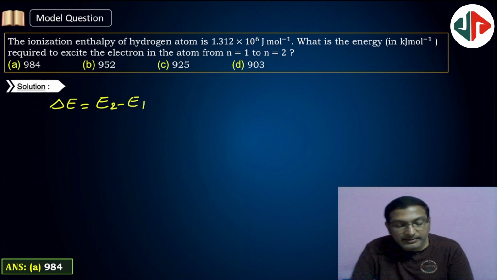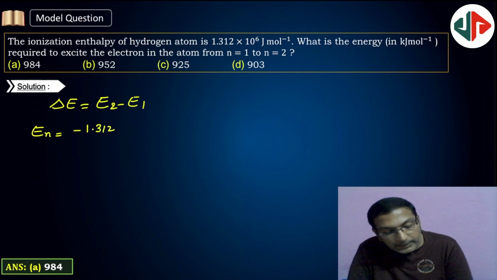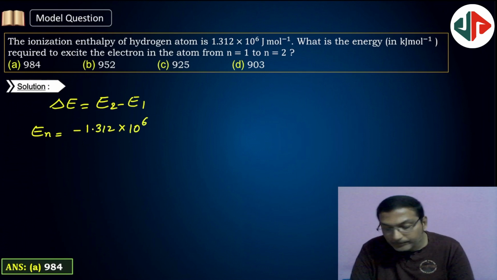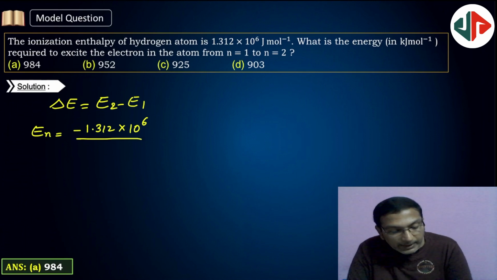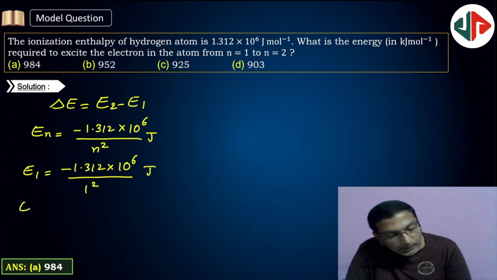Here ionization energy is given, therefore energy of nth orbit becomes minus 1.312 into 10 power 6 by n square joules. So from this E1 value is minus 1.312 into 10 power 6 by 1 square joules, and E2 is minus 1.312 into 10 power 6 by 2 square joules.